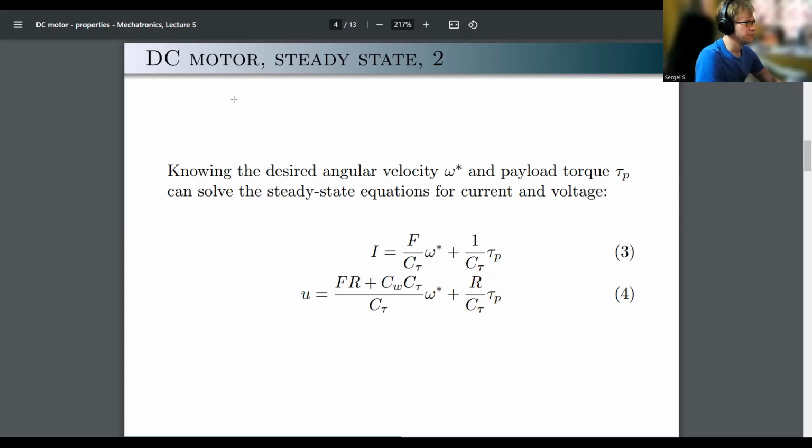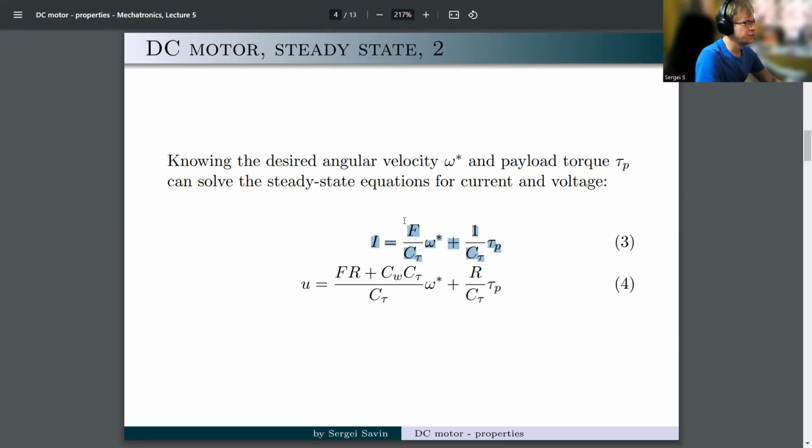Okay. And now you can see, for example, if you somehow want a current control, so you want to make sure that you have a current that can compensate for steady state payload and angular velocity. Here is your solution. If you want voltage control, so you set voltage, here is your voltage, right?